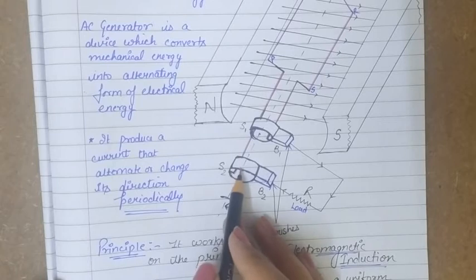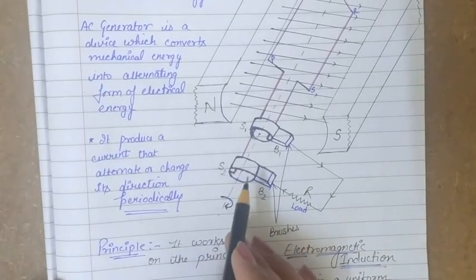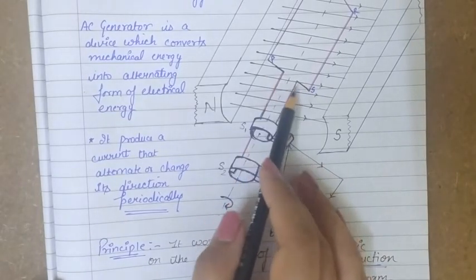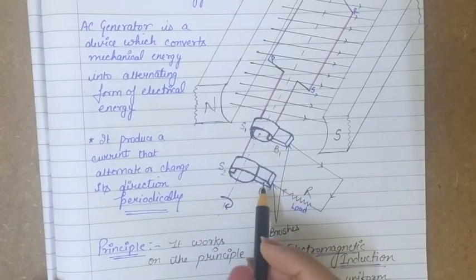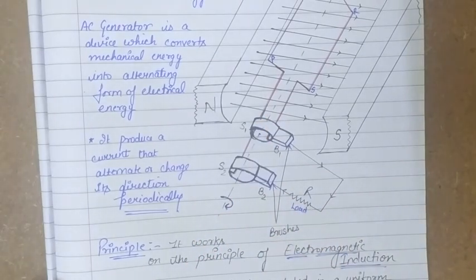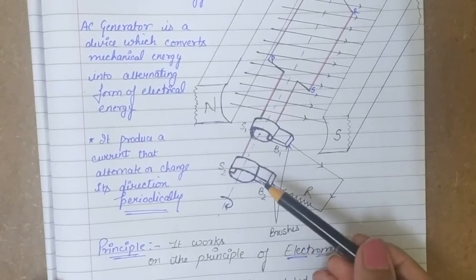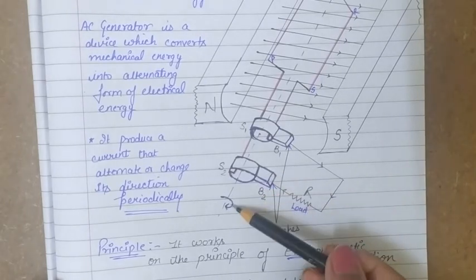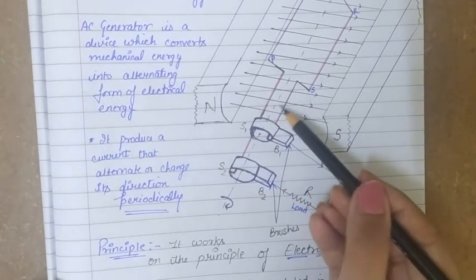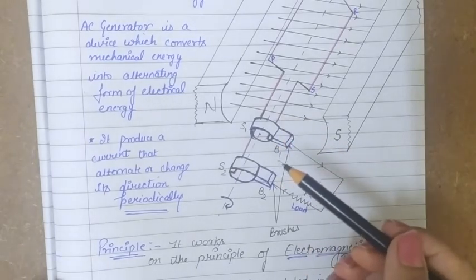These slip rings are insulated from each other as well as from the shaft. These are connected to the shaft but are insulated from the shaft, as well as these are connected to the ends of the coil but are insulated from each other.